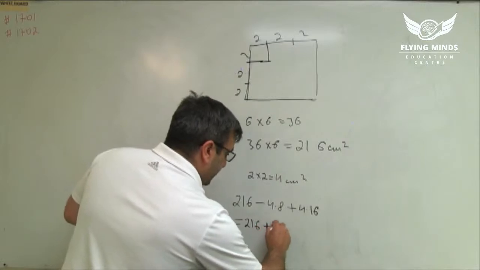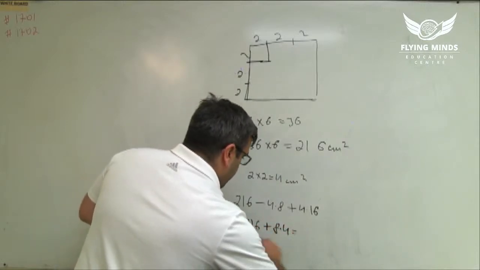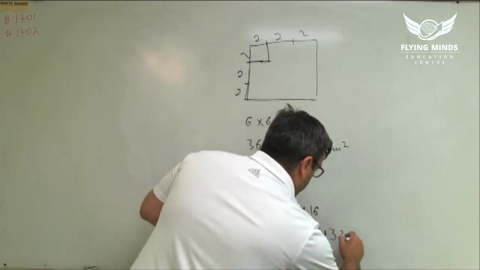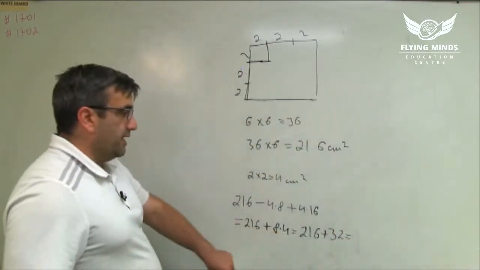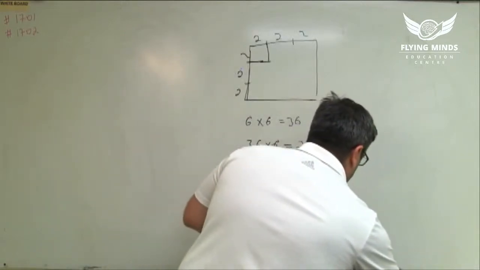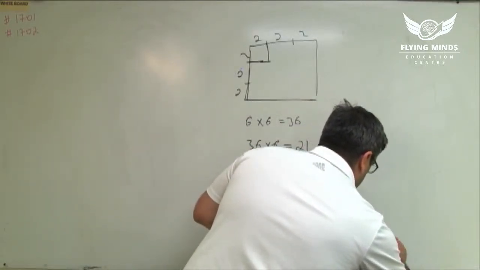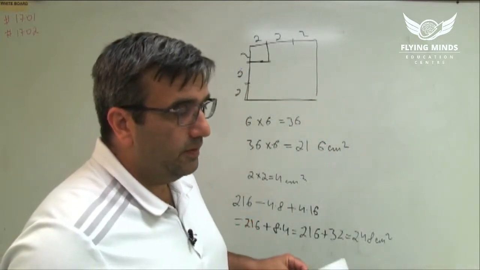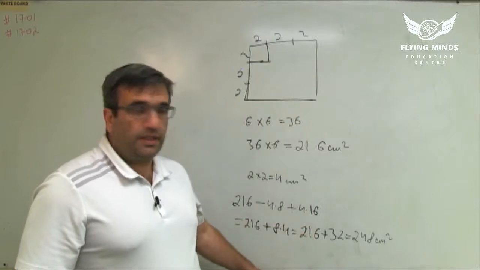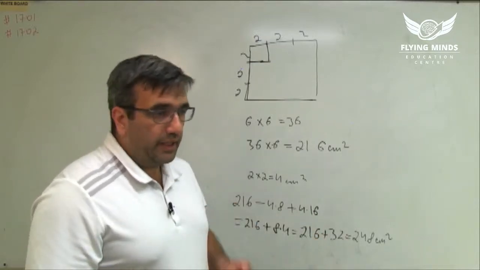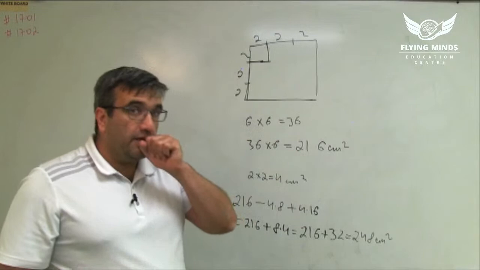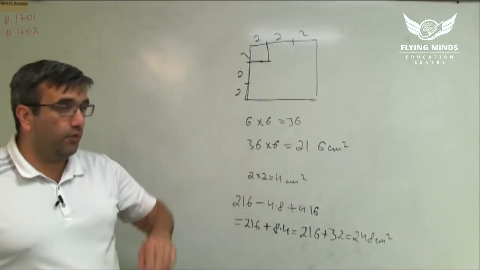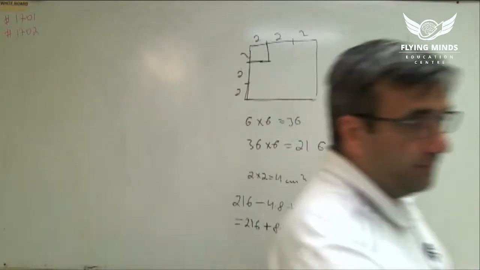So we basically add another 8 faces, 4 times 8 is 32. So it will be 216 plus 32, and that gives us 248 centimeters squared. Okay, so this is the answer we get for the surface area if we remove 4 yellow cubes.